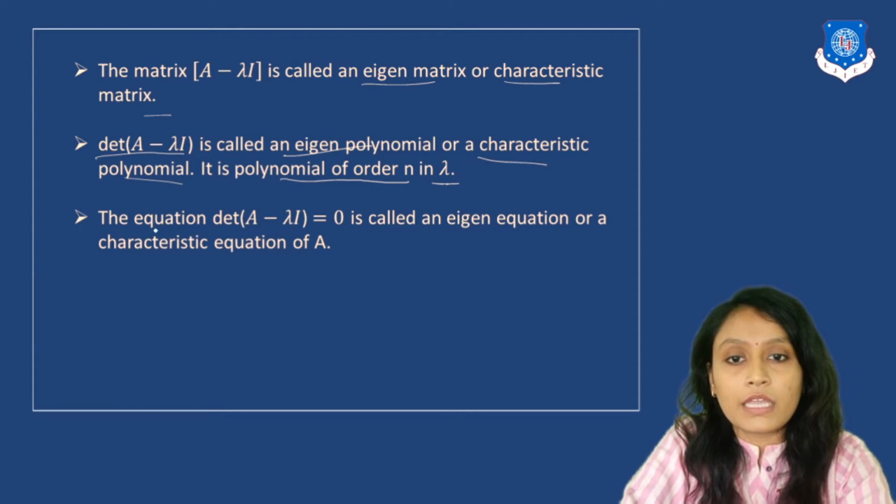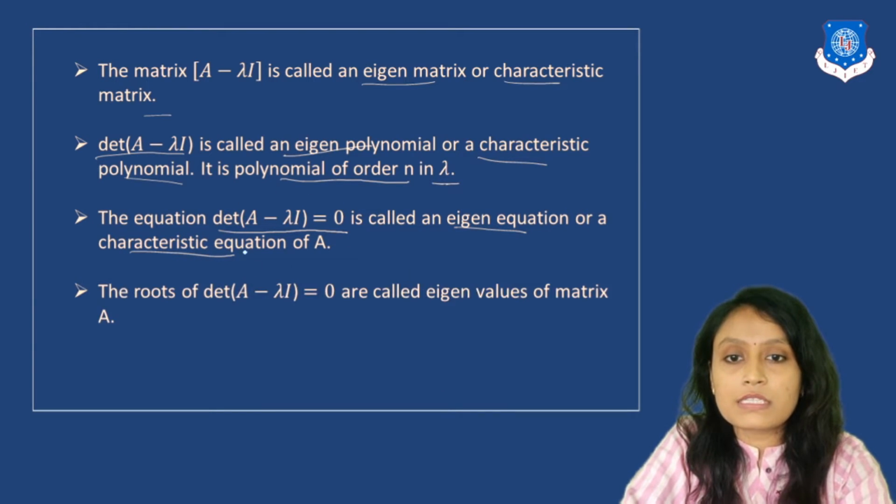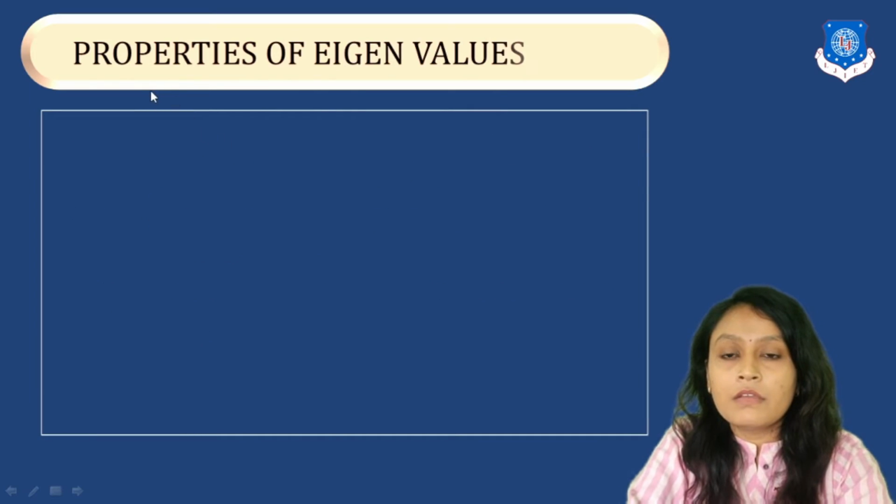The equation determinant of A minus lambda I equals 0 is the eigenequation or characteristic equation of A. We will use this characteristic equation to find the roots. The roots of determinant A minus lambda I equals 0 are called eigenvalues of the matrix A. Now we will study the properties of eigenvalues.